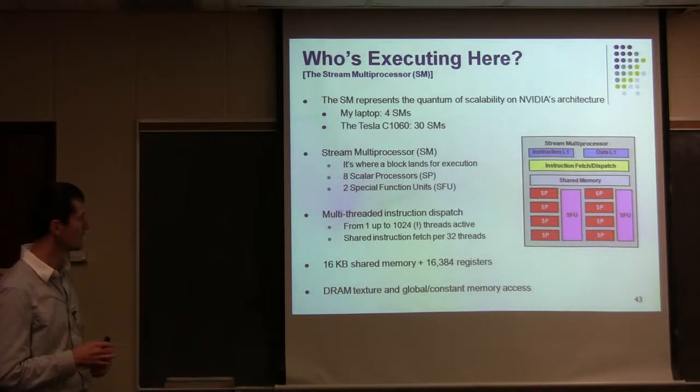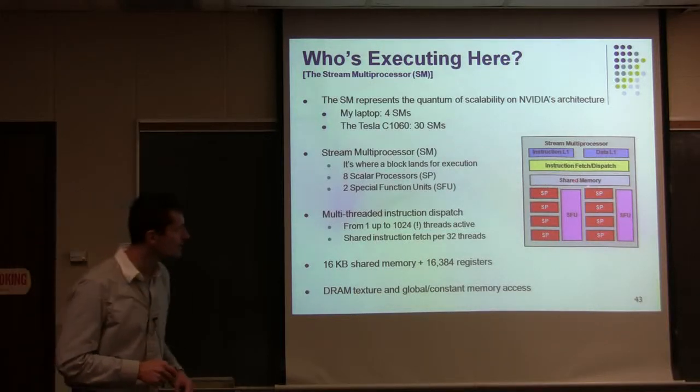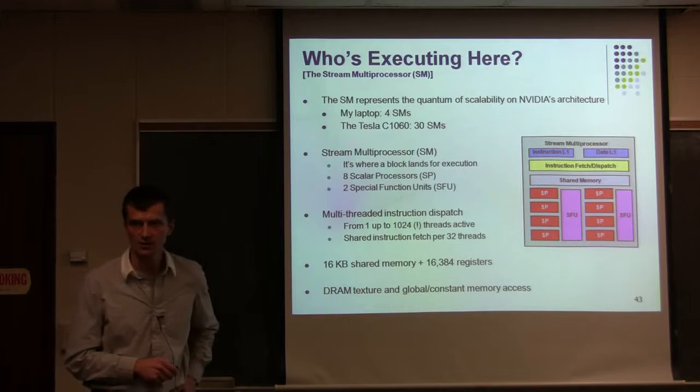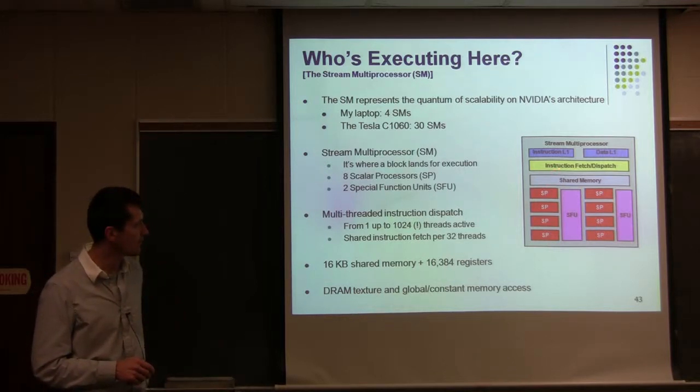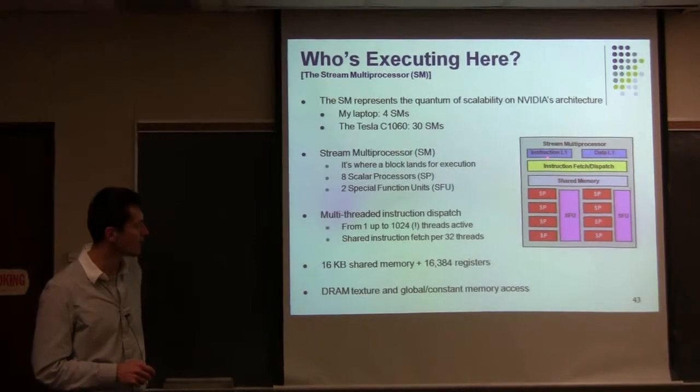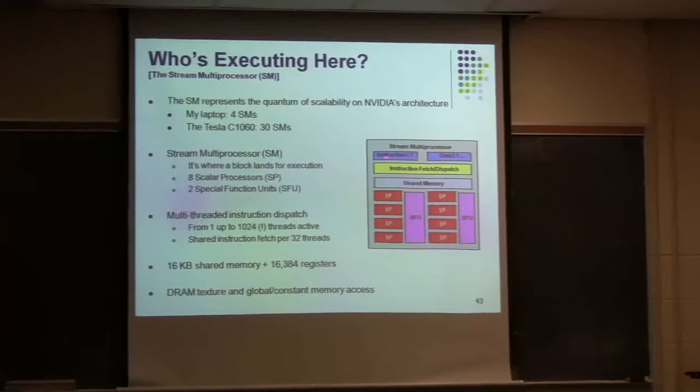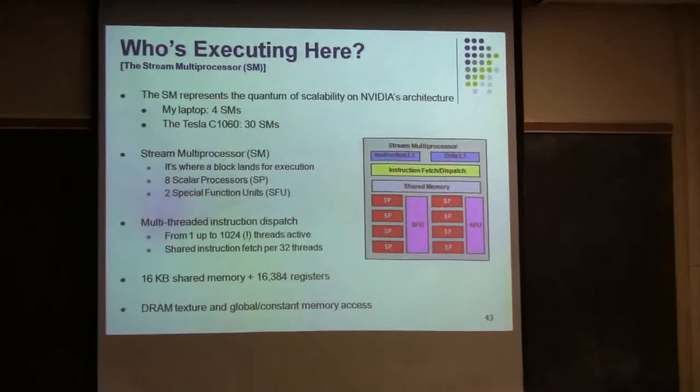Now, you notice here it has some shared memory. Each streaming multiprocessor has shared memory, its own instruction fetch dispatch unit, and some level 1 cache for instructions and for data.